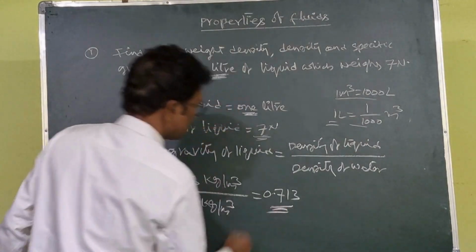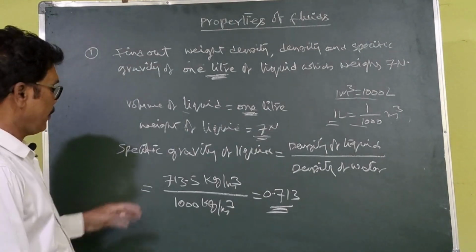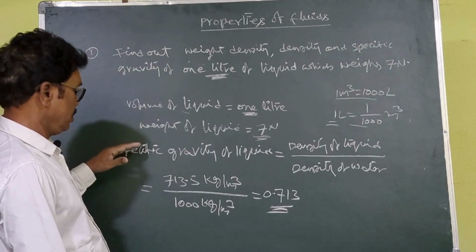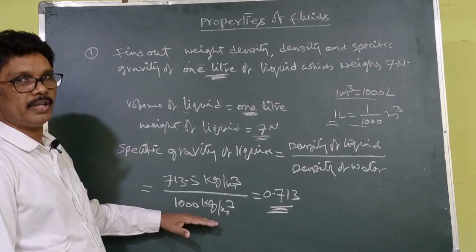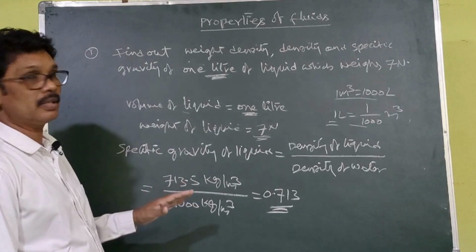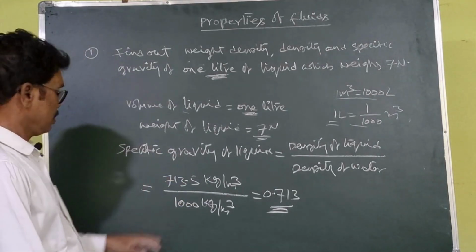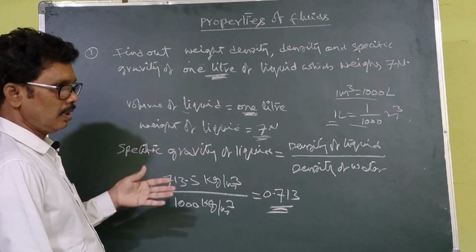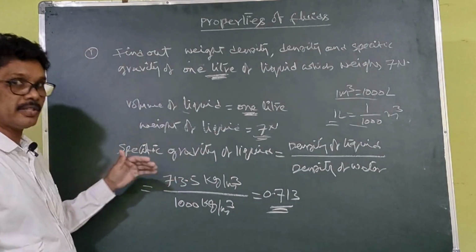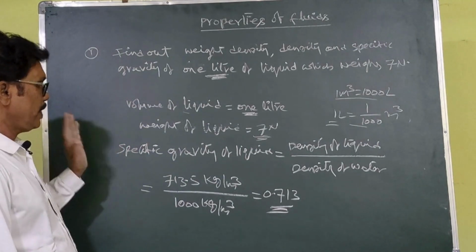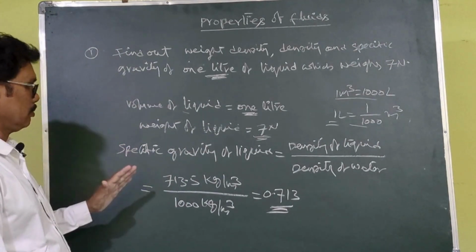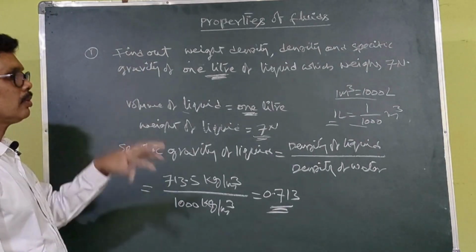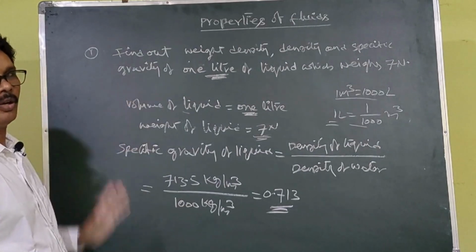What can we understand from this specific gravity? The weight density of that liquid is less than the weight density of water. Generally, oil, kerosene, petrol, all these things have specific gravity less than 1. If you put that liquid into water, it will be floating on the water surface.